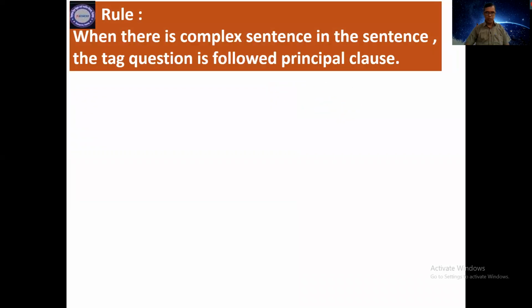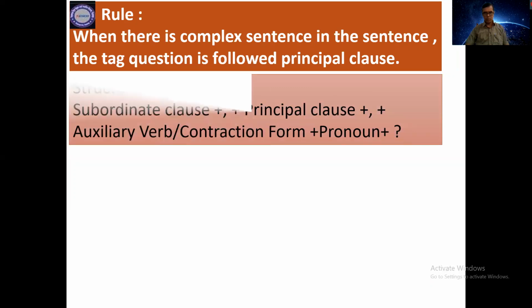Rule: when there is a complex sentence, the tag question follows the principal clause. Structure: subordinate clause plus comma plus principal clause plus comma plus auxiliary verb or contraction plus pronoun of subject plus question mark.